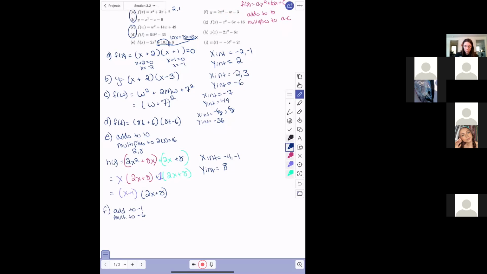What numbers are we going to use? -3 and 2. Good, -3 and 2. So let me go ahead and rewrite my problem. So we have y equals 2w squared minus 3w plus 2w minus 3.